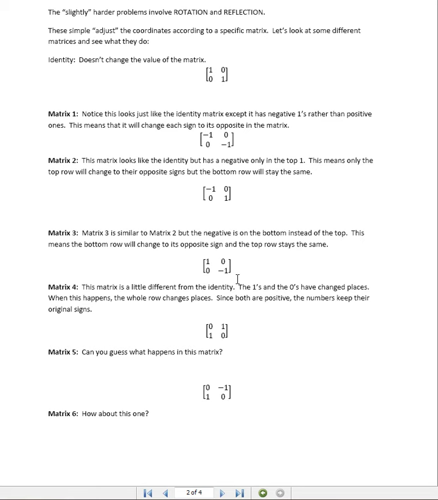Now let's look at the next one, matrix 4. Matrix 4 looks very much like the identity, except you can see the ones and the zeros have switched places. Because of this switching, you're going to switch your x and your y values.